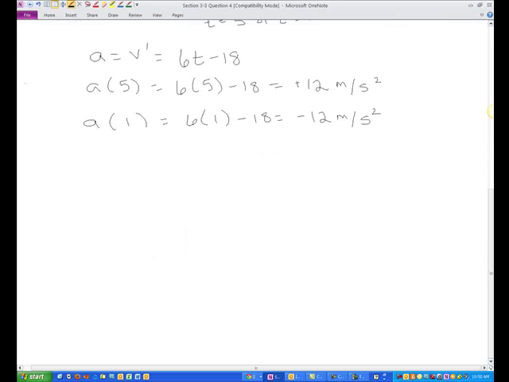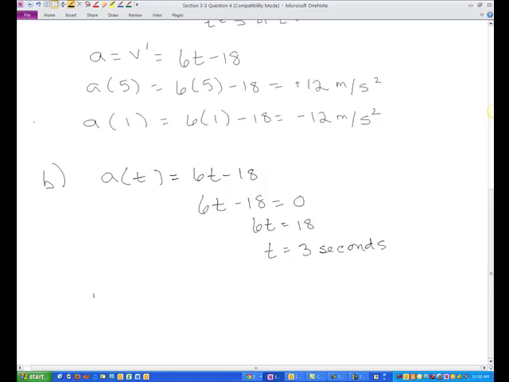So for part B, our acceleration function, a of t, was equal to 6t minus 18. If we set that equal to 0, we get 6t equals 18, so t equals 3 seconds.